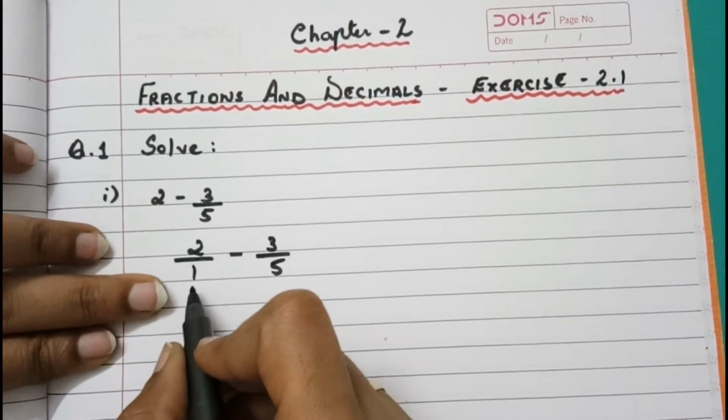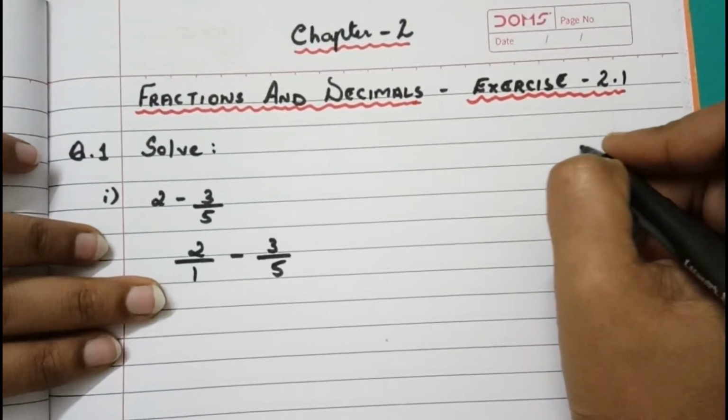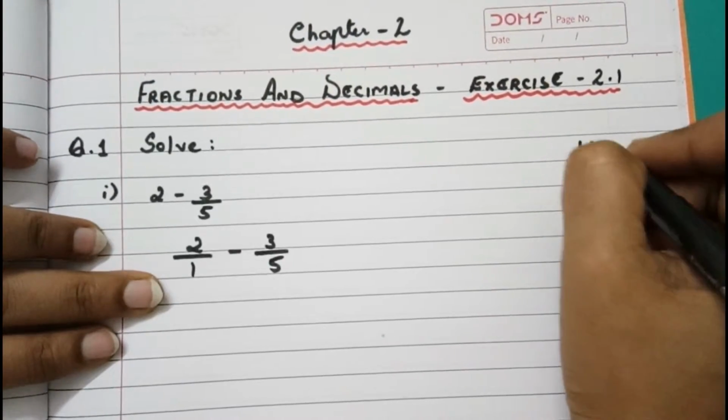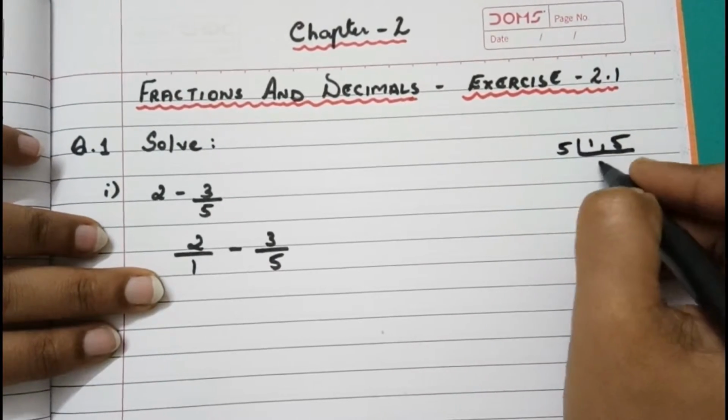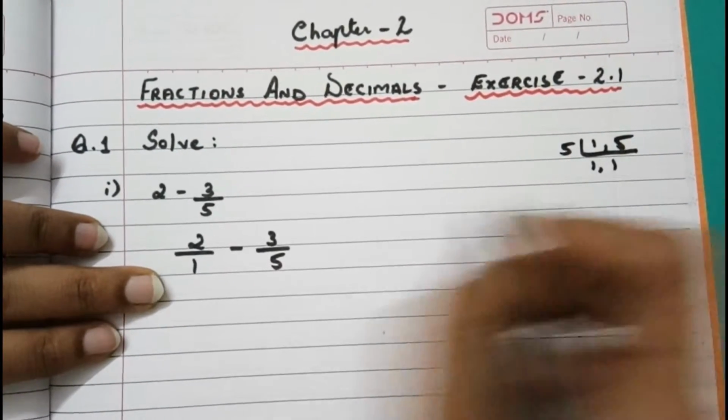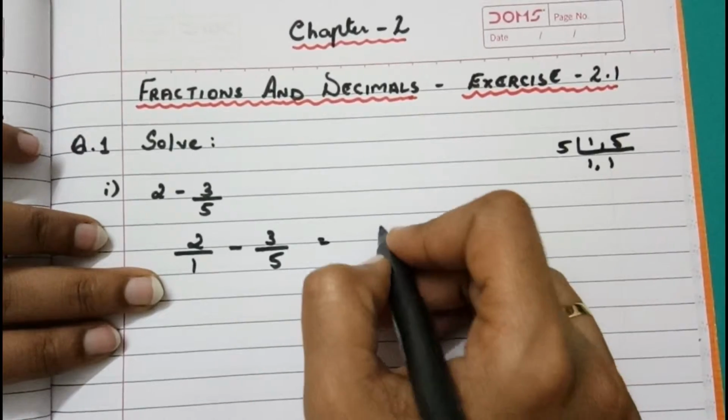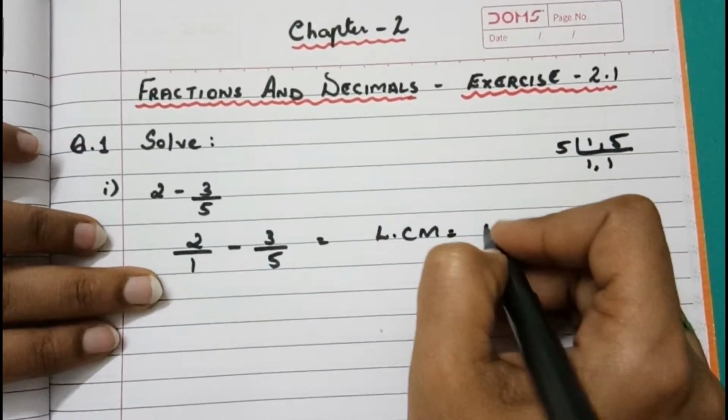So here the denominators are 1 and 5, so we need to find the LCM. Now what will go in 5? 5 1s are 5. So what is the LCM here? LCM here is 5.